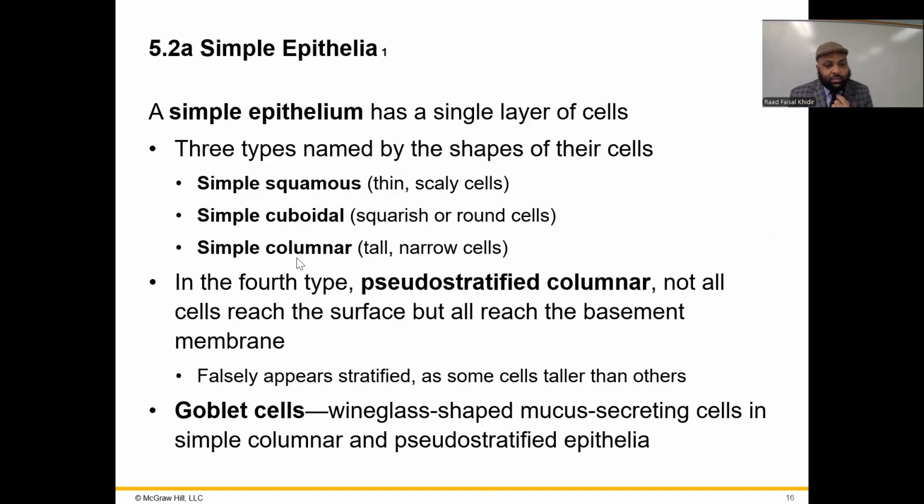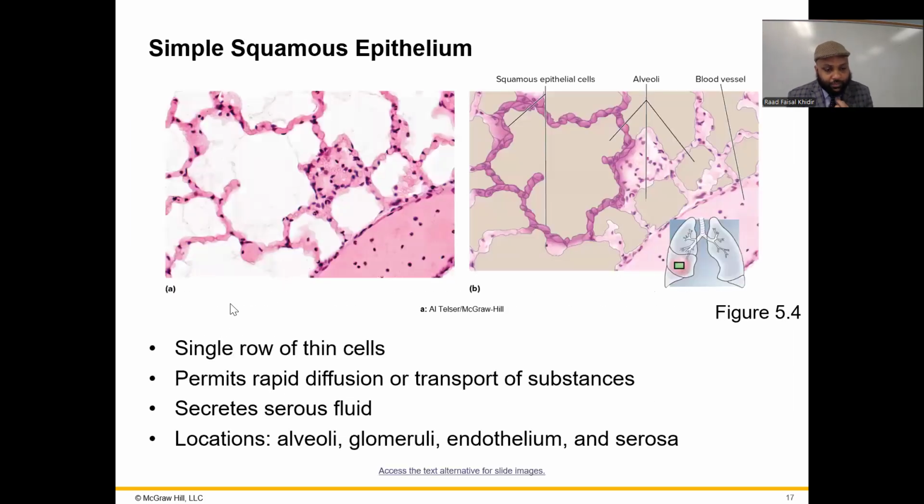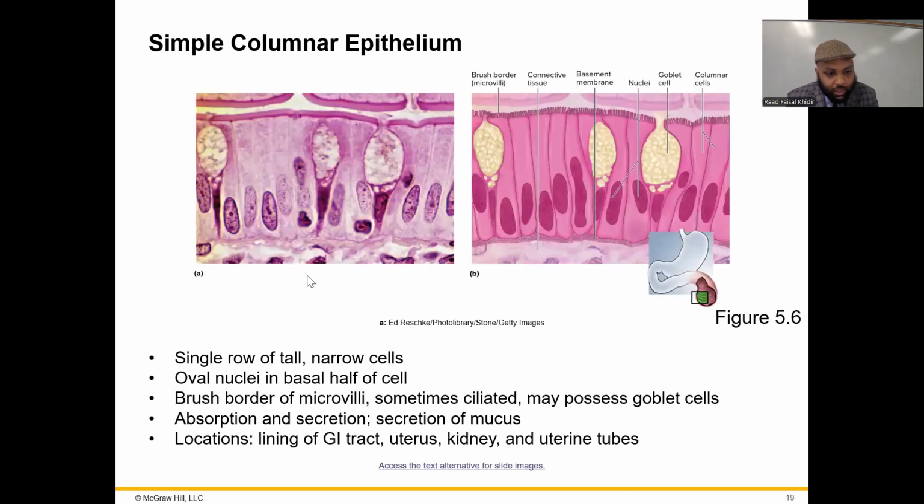So the goblet cells are simple columnar, and they are found in the simple columnar and pseudostratified columnar. That's where you find the goblet cells. Now the simple columnar epithelium, these are a single row of tall, narrow cells.